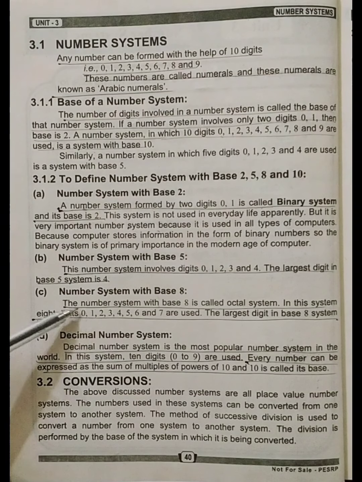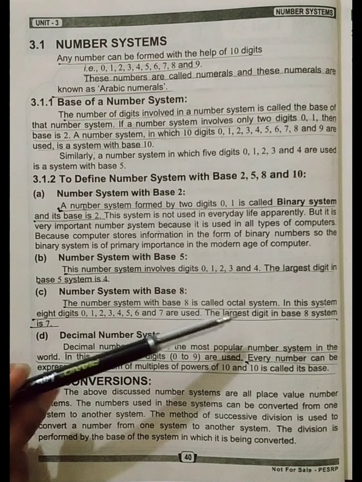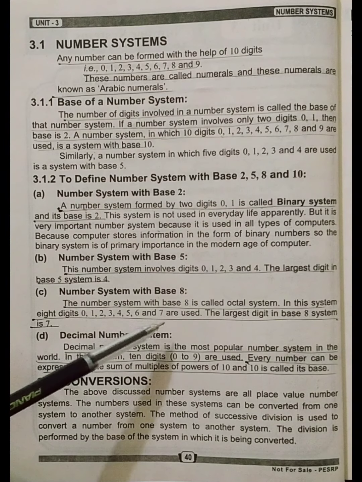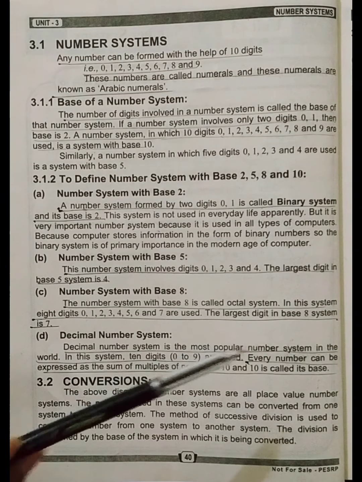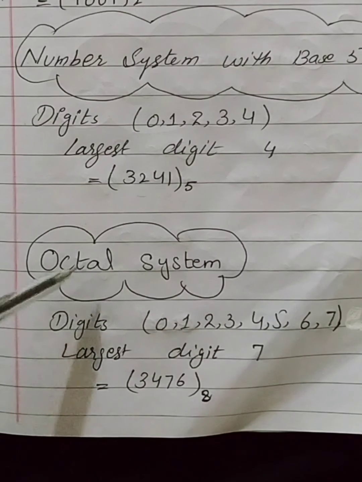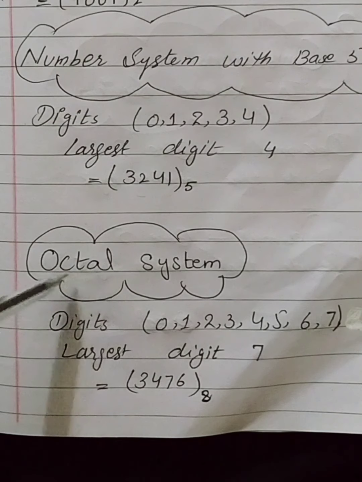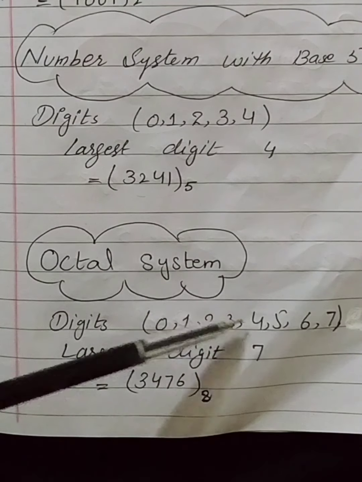And the next, the number system with base 8. The number system with base 8 is called octal system. In this system, 8 digits, 0, 1, 2, 3, 4, 5, 6, 7, are used. The largest digit in the base 8 system is 7. Octal means 8. It means the system which has 8 digits.